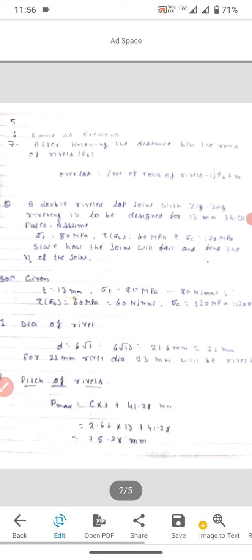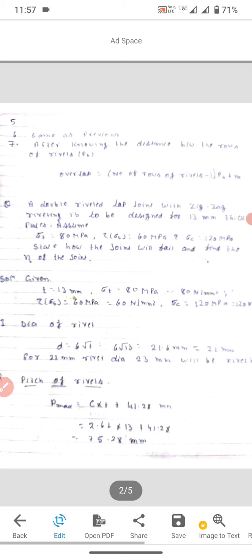So you have to be careful about designing. As we discussed the design procedure according to Indian Boiler Regulation, here we are going to see the application of both the design steps.